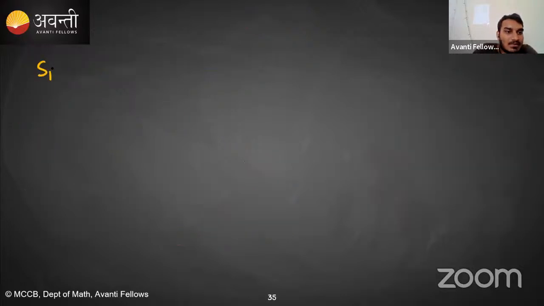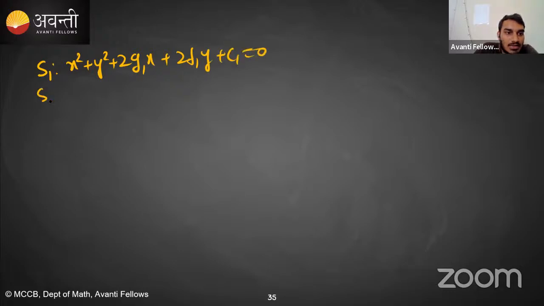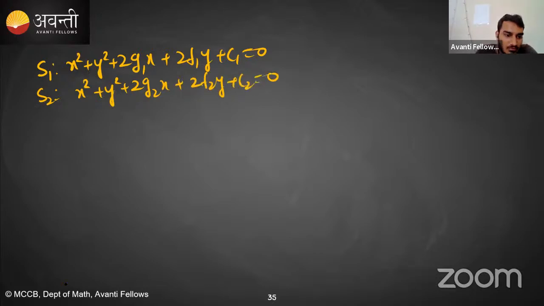So let's say S1 is x square plus y square plus 2g1x plus 2f1y plus c1 is equal to 0. S2 is x square plus y square plus 2g2x plus 2f2y plus c2 is equal to 0. Now S1 plus lambda S2 is equal to 0.